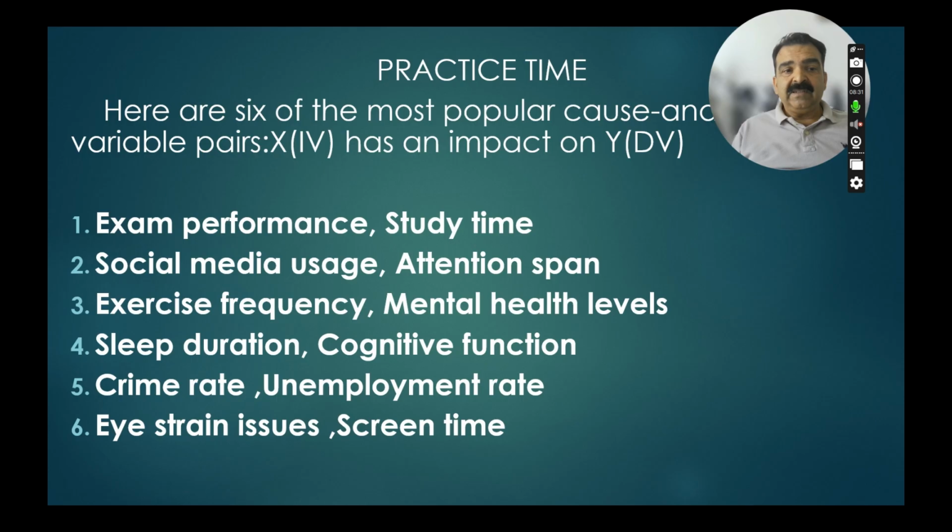If you frame it like this, for example, exercise frequency has an impact on mental health levels, then obviously mental health levels is a dependent variable and exercise frequency is an independent variable. But let us frame it the other way around. Mental health levels has an impact on exercise, or exercise has an impact on mental health.